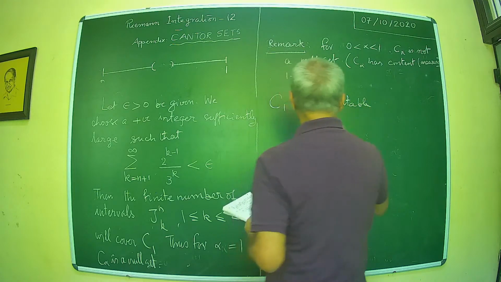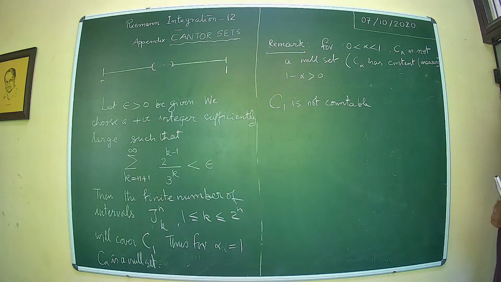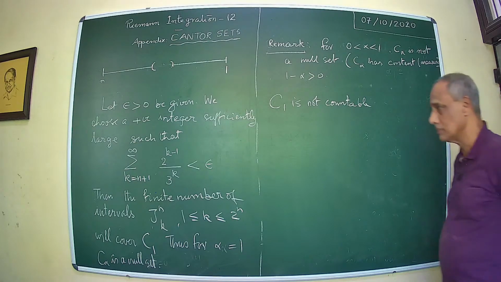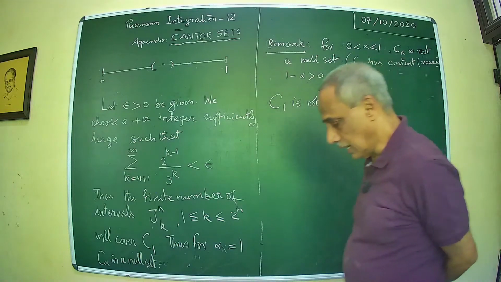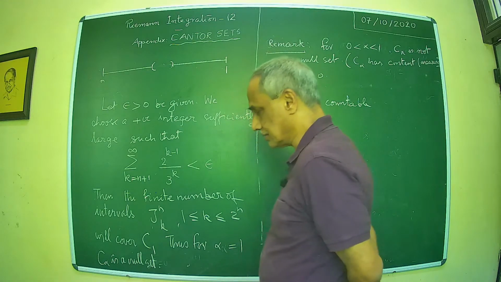What is the implication of this? C1 is an uncountable set of points. At the same time, it does not have any intervals in it, that we will see soon. And it has the property that it's a null set.